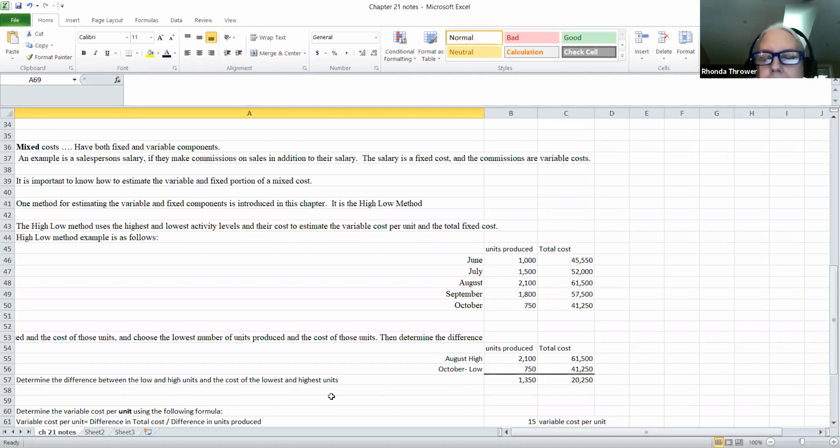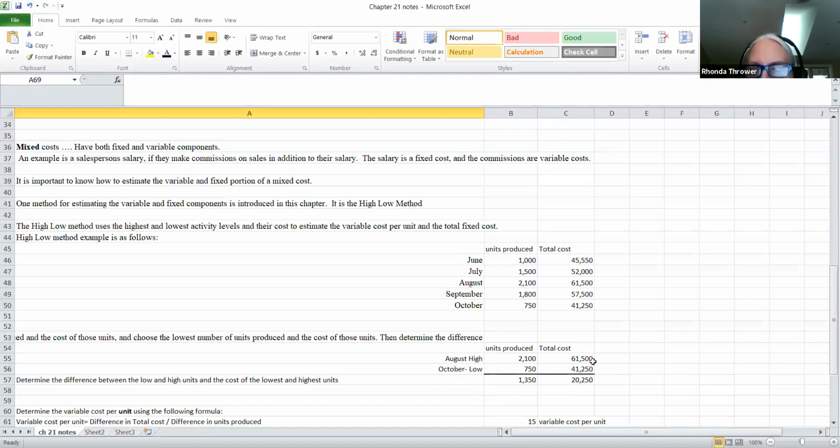The next step is to determine the difference between the highest units produced and the lowest units produced. We subtract the lowest units from the highest units, and that difference is 1,350 units.